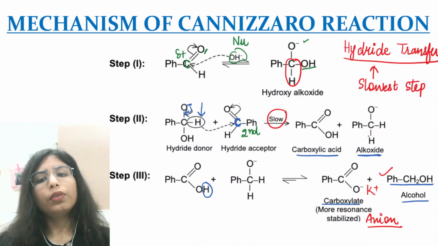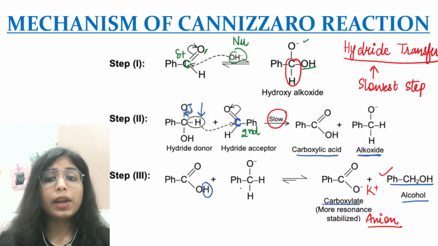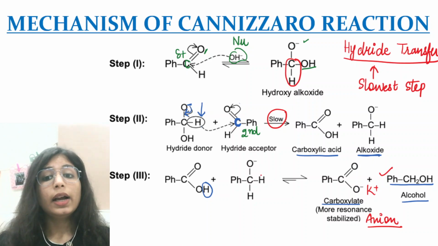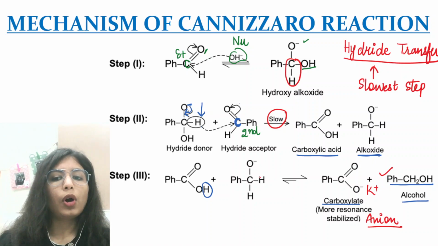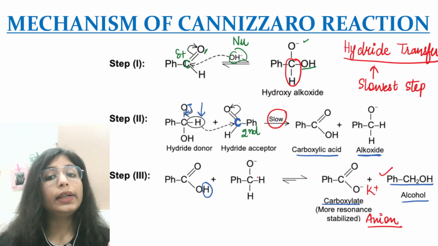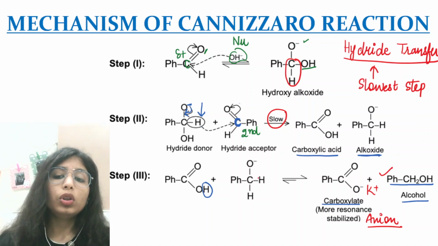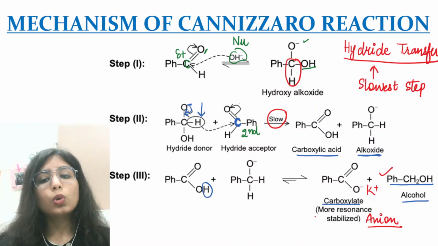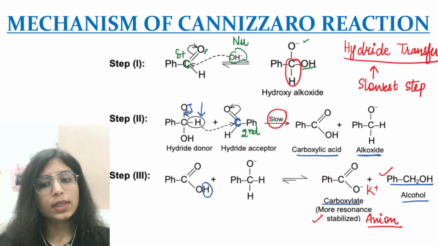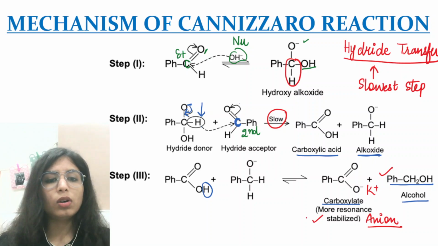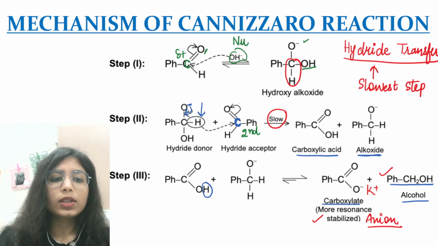Finally the proton transfer is going to take place, wherein we know that since the acid contains the most acidic proton as compared to an alcohol, it will tend to remain in its anionic state as compared to the alcohol. So therefore you will be getting the sodium or the potassium salt of the carboxylate anion along with the alcohol. Alright, so this was the mechanism of the Cannizzaro reaction.